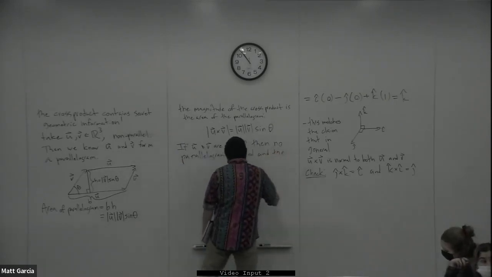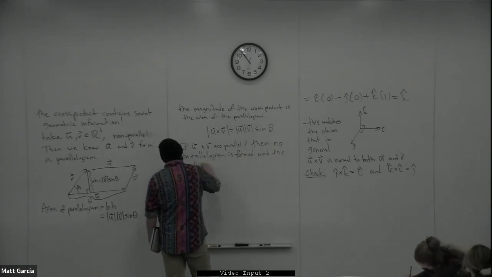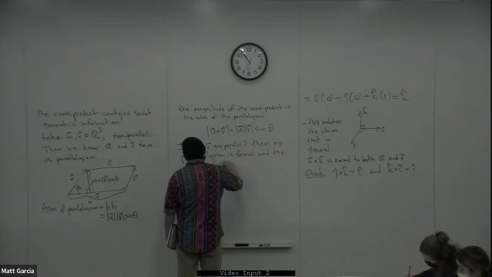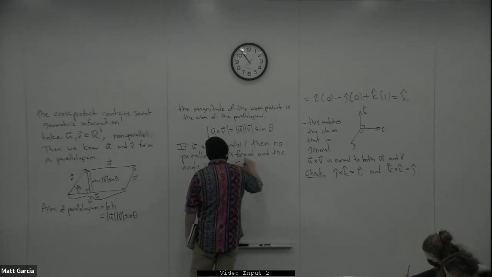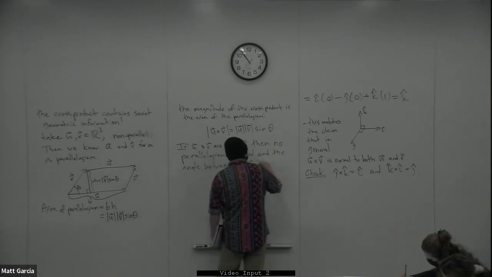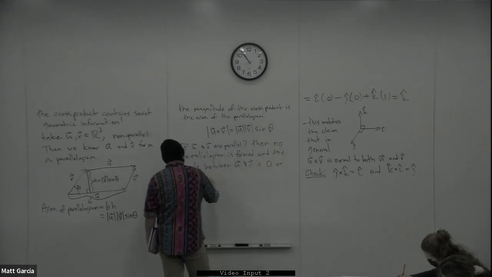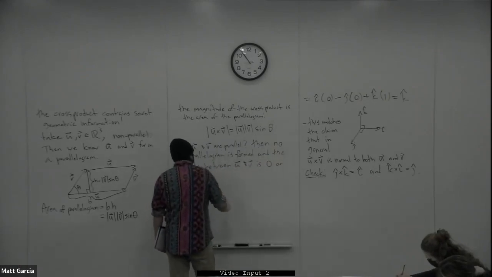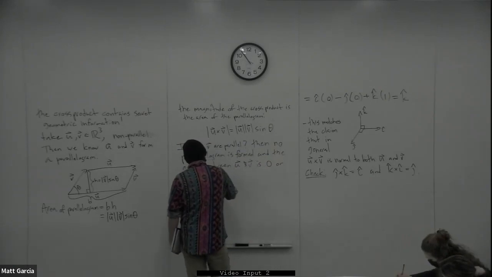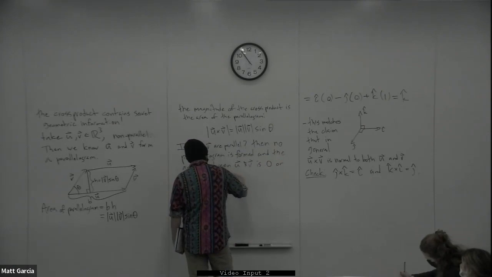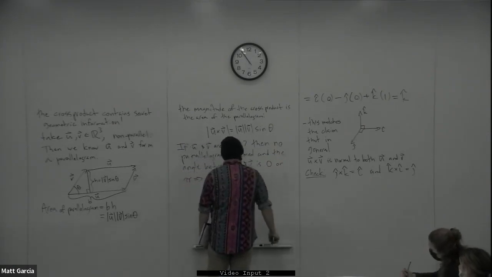And the angle between u and v is 0 or pi, which implies the magnitude of u cross v is equal to 0.